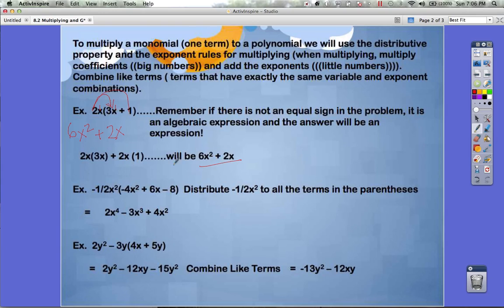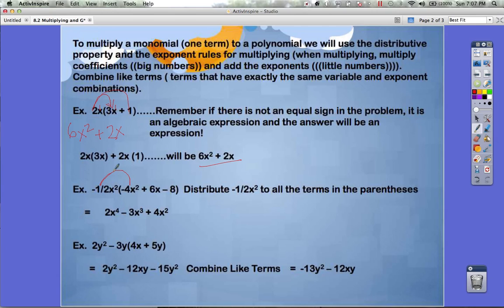All right, the next example is negative 1/2 x squared times the quantity of negative 4x squared plus 6x minus 8. You're going to distribute this negative 1/2 x squared all the way through to each term in the parentheses. So when you do that, it's negative 1/2 times a negative 4, which makes 2. And then x^2 plus x^2 is x^4.